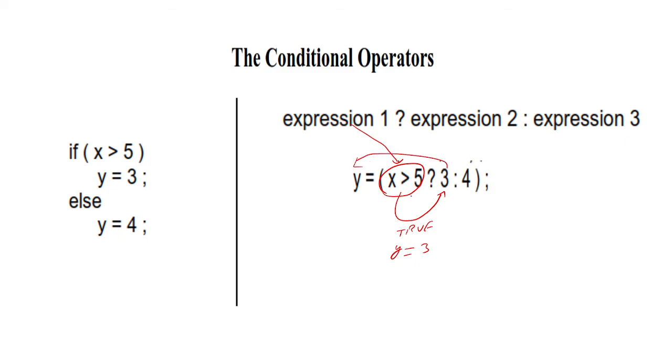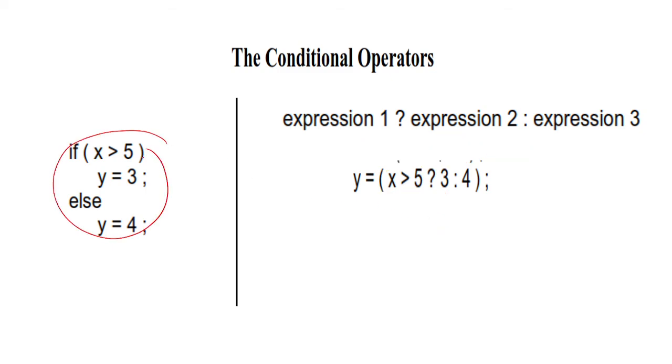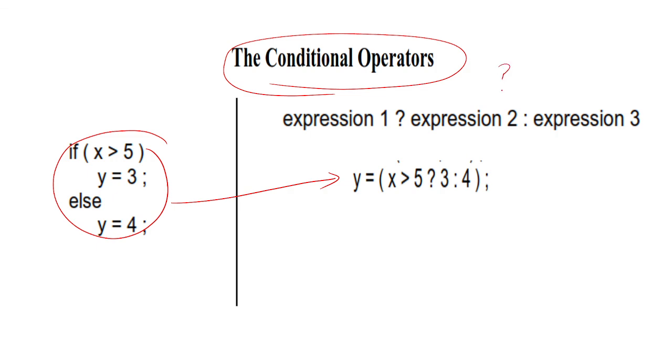But if this condition is false, meaning x is not greater than 5, then y will be assigned a value of 4. So y will be equal to 4 in the case of false. So we can write all these 4 statements in a single statement by using the conditional operators, question mark and colon.